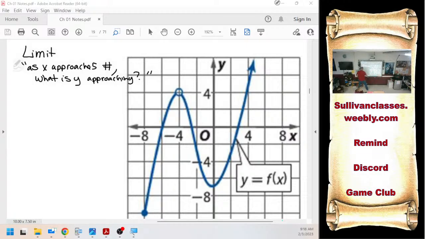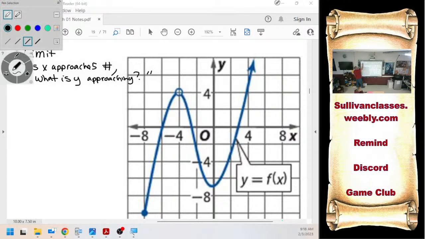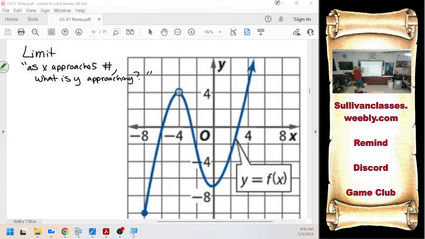A limit is as I get really, really close to this x, what is my y doing? As I get really, really close to that cop, what is my speed? Okay? It better be approaching 45 or less. Here's how we write it. I say the limit of my function as x approaches some number. Okay, they like to say c.